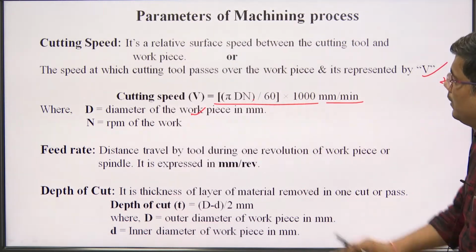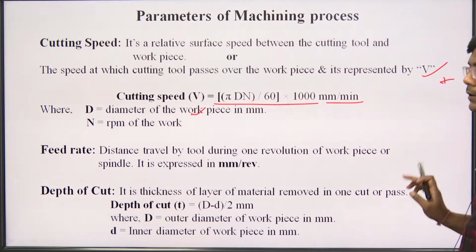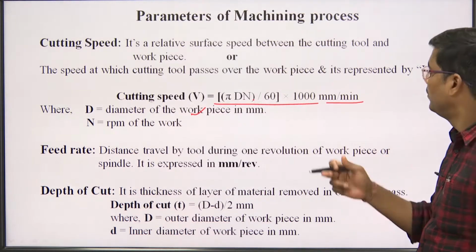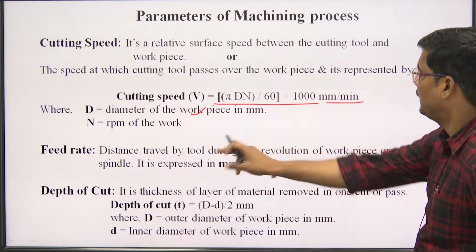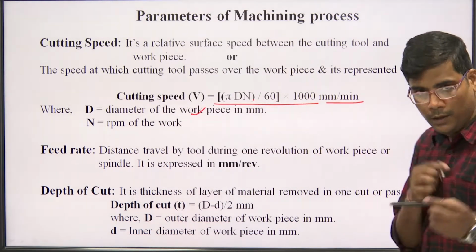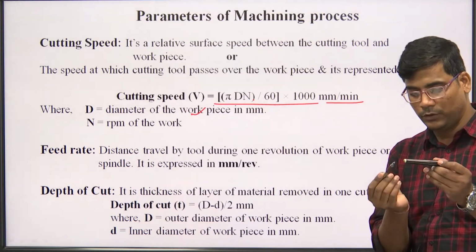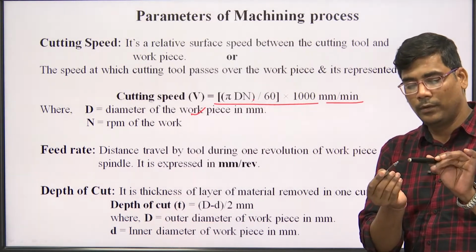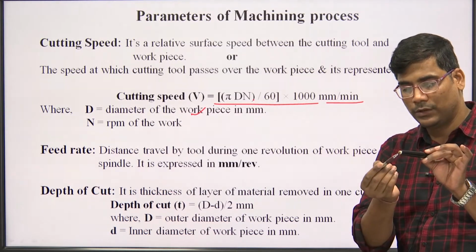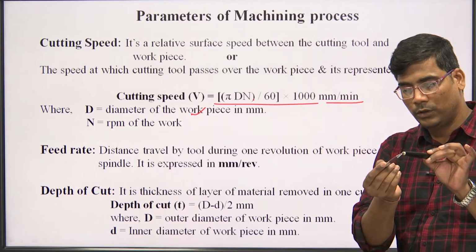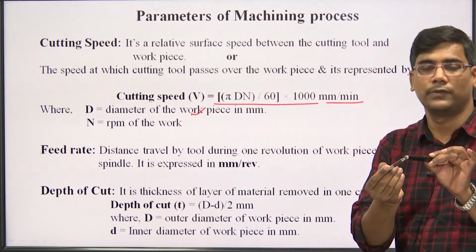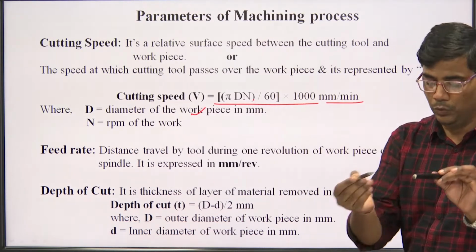Okay. Feed rate is defined as the movement of the tool in one rotation of the workpiece, or the distance traveled by the tool in one revolution of the workpiece. For example, this is a workpiece and this is your tool. The workpiece rotates at N RPM, and the tool moves in this direction. In one revolution, the tool moves a distance, say x. So feed is x, the magnitude of tool movement.